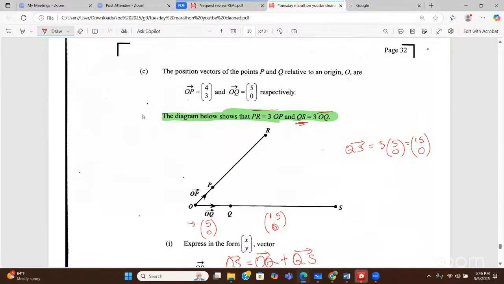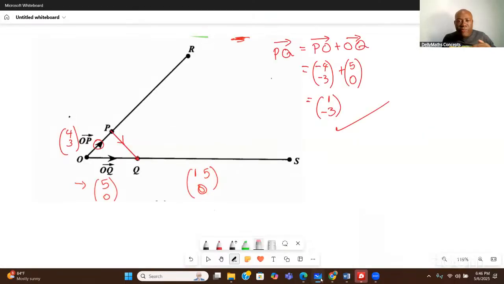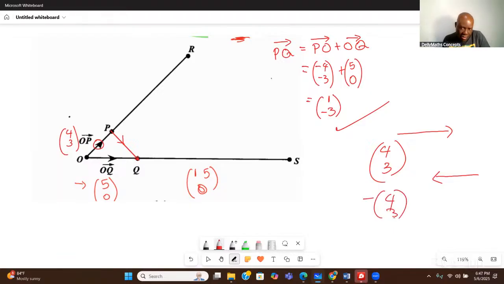All right, so let me just advise you. You're not going to flip them, because what happens is you're changing your direction. If (4, -3) goes this way as a vector, and you're coming this way, it means you're going against it. So there is a negative that affects everything.